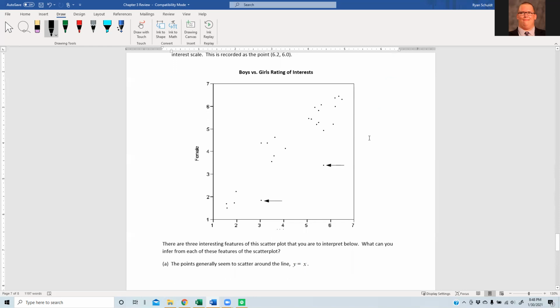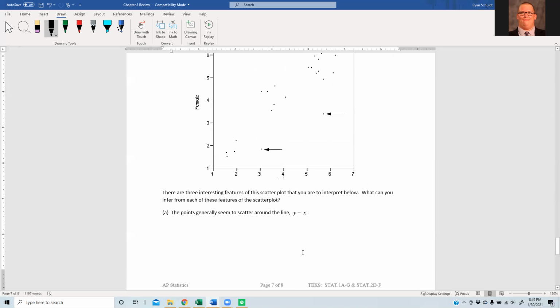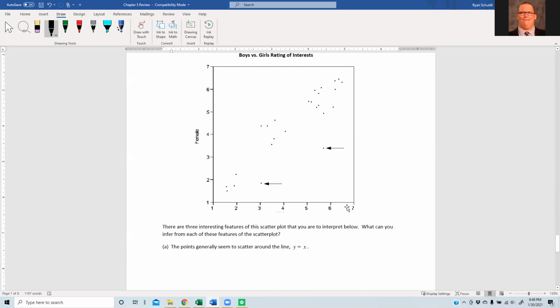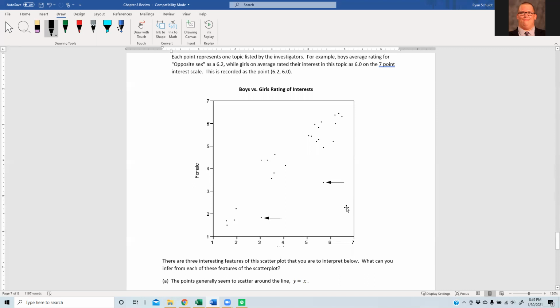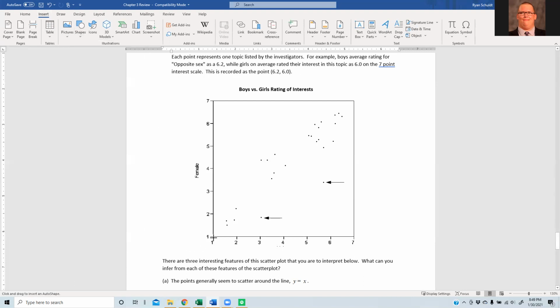Okay, let's see. It says there are 3 interesting features in the scatter plot that you are to interpret below. What can you infer from each of these features of the scatter plot? A, the points generally seem to scatter around the line y equals x. Well, let's draw that line on our plot. So I'll start at 1 here and then draw from one corner to the other.